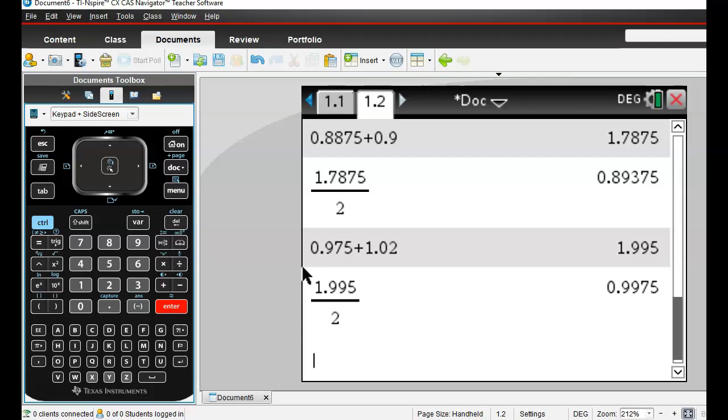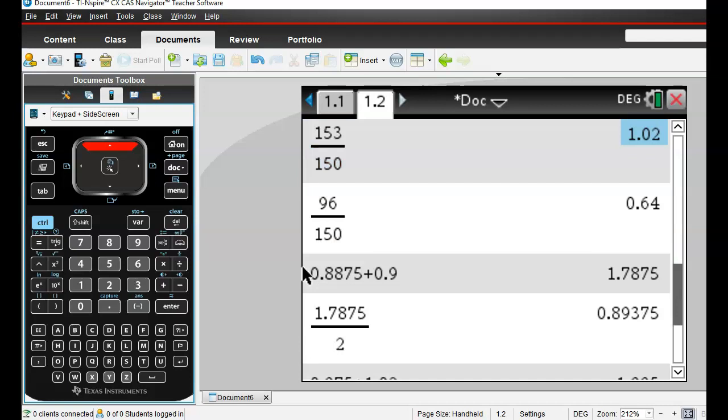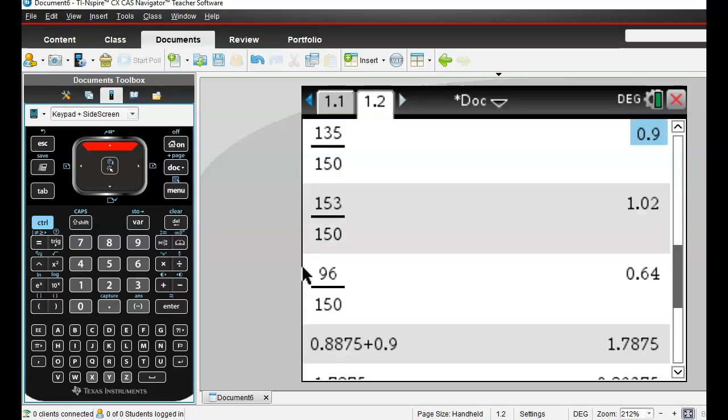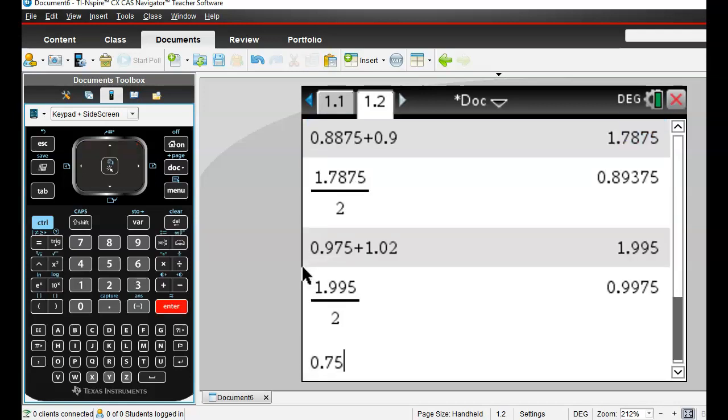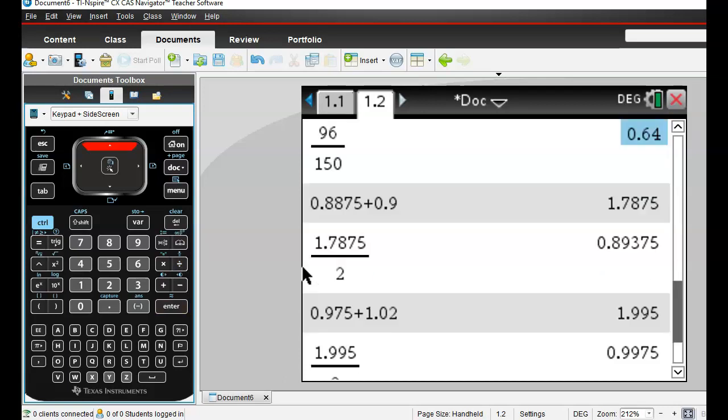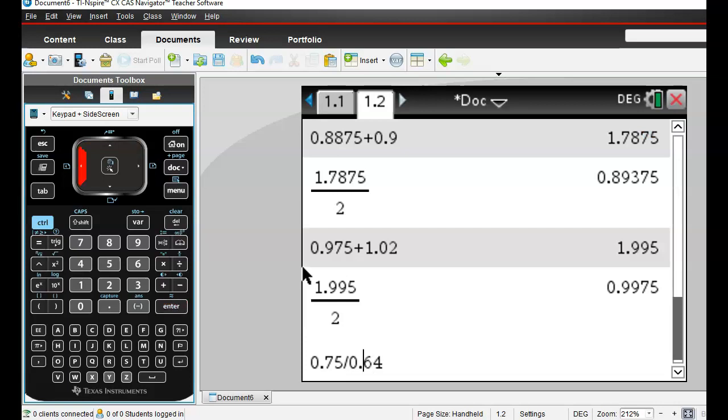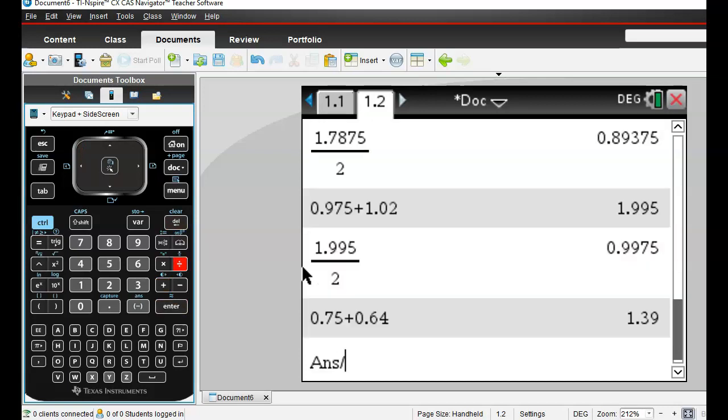Okay, then spring. Spring is 0.75. So I'll grab that, plus that one, 0.64, then divided by 2.